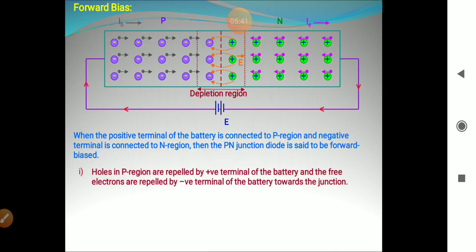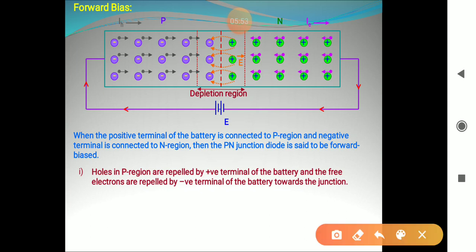You can see. Now, once the electrons from n side reach the junction and holes from p side reach the junction, more electrons enter from the battery towards the n side to compensate for the used electrons.